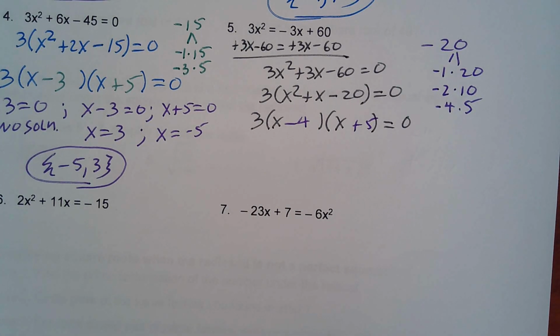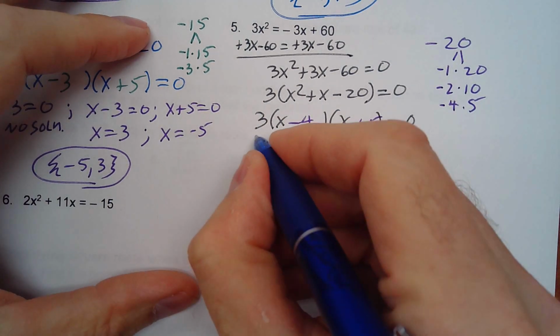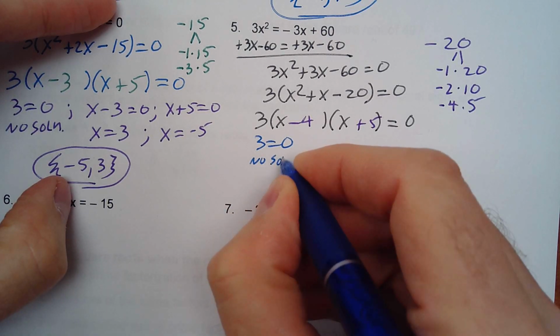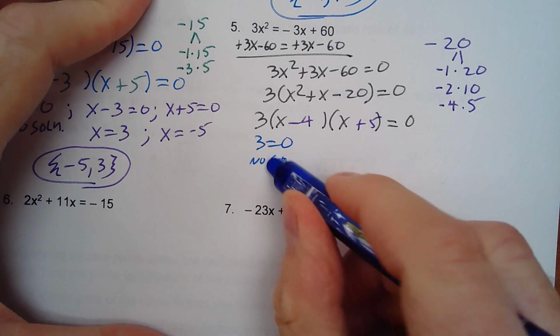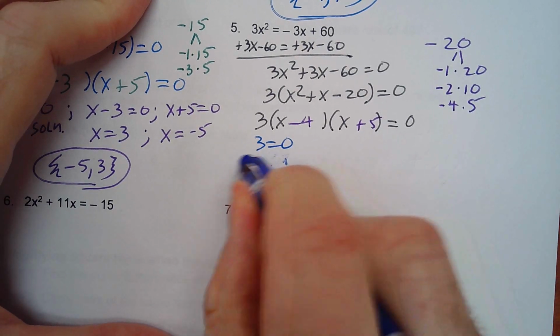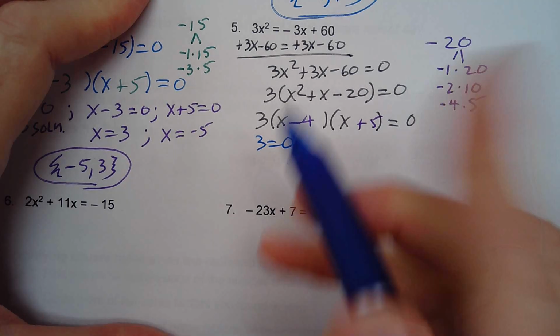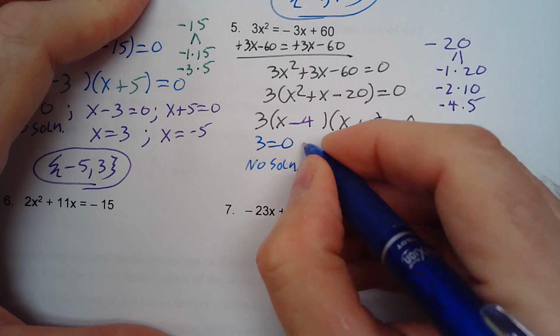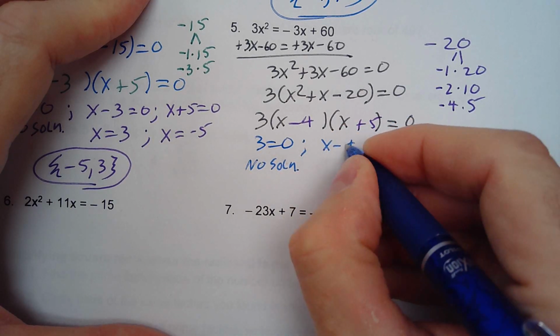So now let's go ahead and set each factor equal to 0 and solve. 3 equals 0, that's not going to give us anything. I would need to have an x by that 3 in order to get a solution of 0. x minus 4 equals 0.